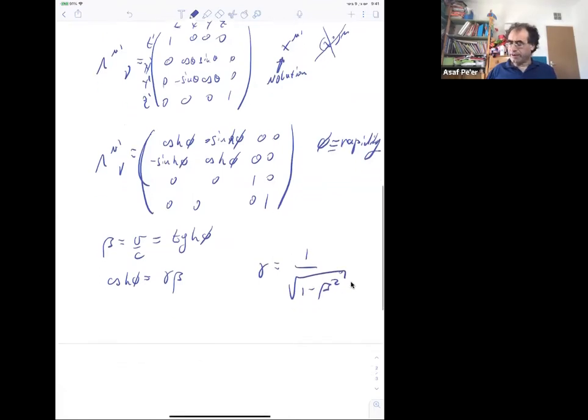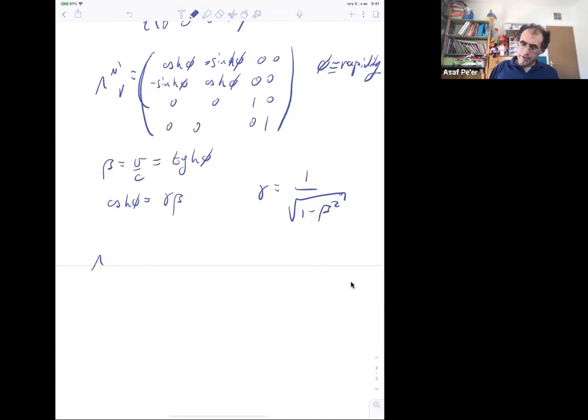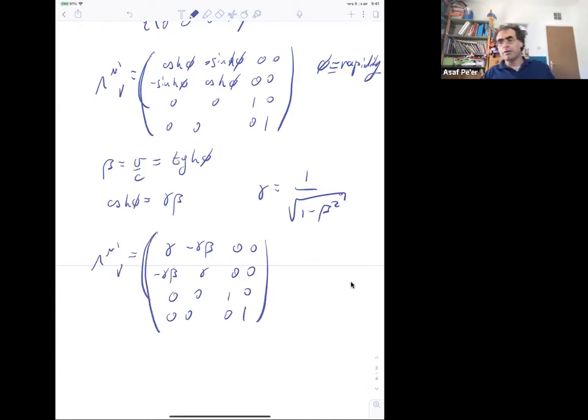And we retrieve back the familiar Lorentz transformation, lambda mu prime nu, which is gamma, minus gamma beta, minus gamma beta, gamma.